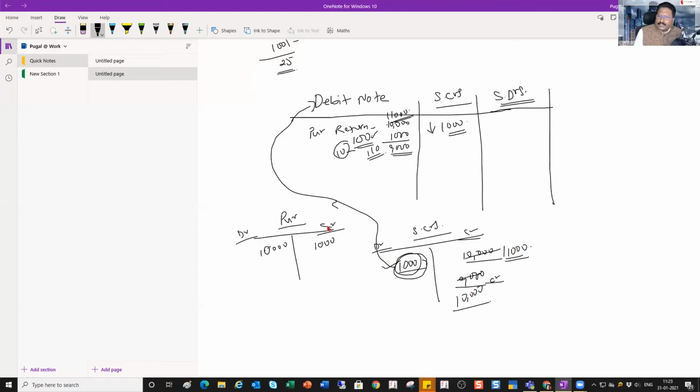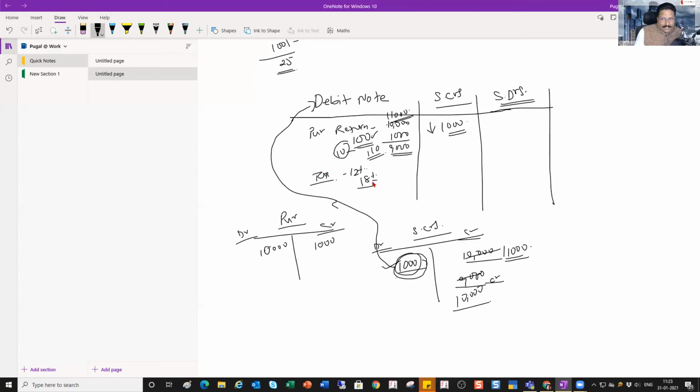Okay, the similar case that we can take is again the tax rate. For example, instead of charging 12%, your supplier has charged 18%. I hope you have now got the knack of understanding the relevance and importance of the debit note.